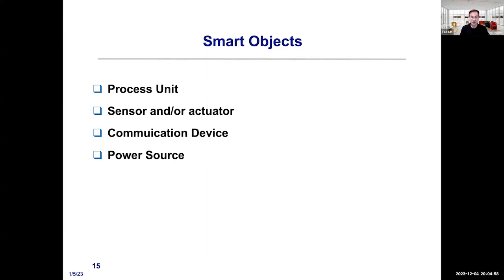So a sensor can provide that. Okay. Sometimes you need an actuator to move, depending on the sensor's output, and a communication device. You have to relay that information to another device, and you need to have a power source, whether it's solar power or operated by a battery or some sort of.